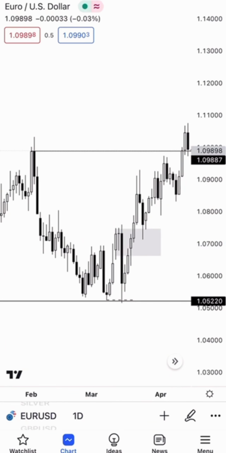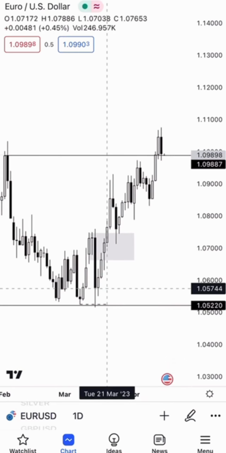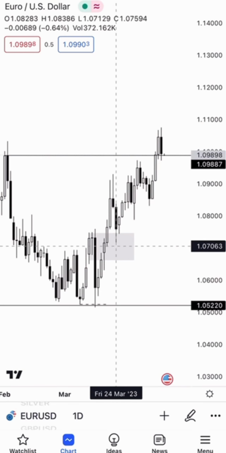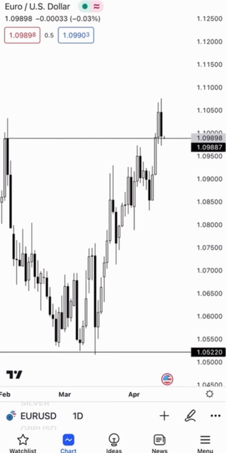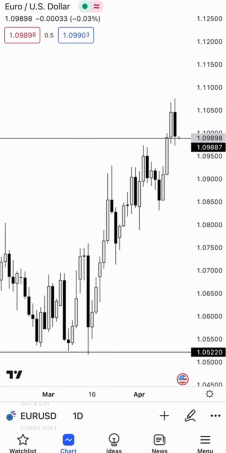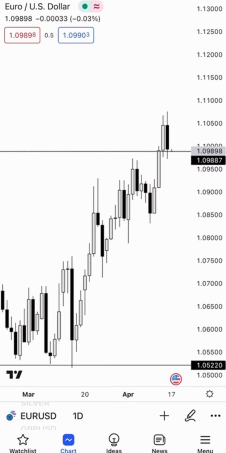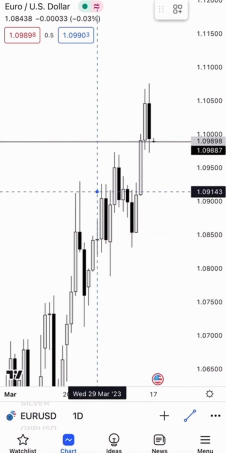So what that means is that we were expecting higher prices on Euro. So we draw this rejection block.